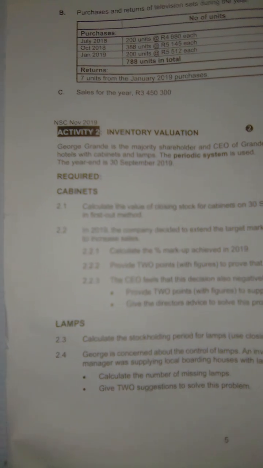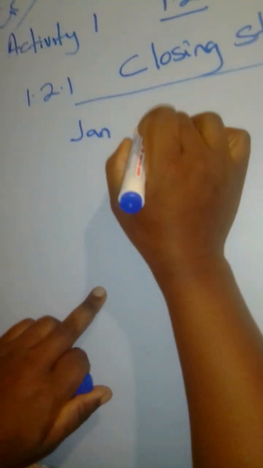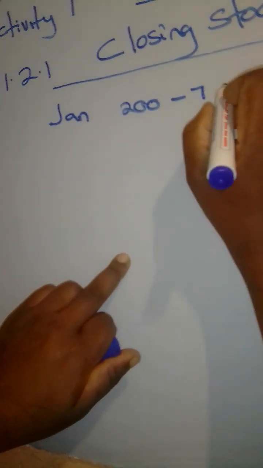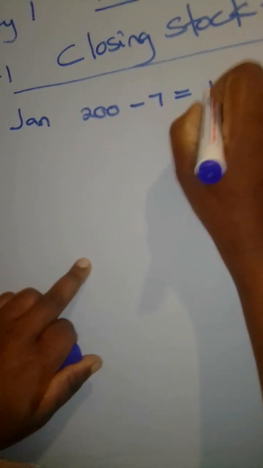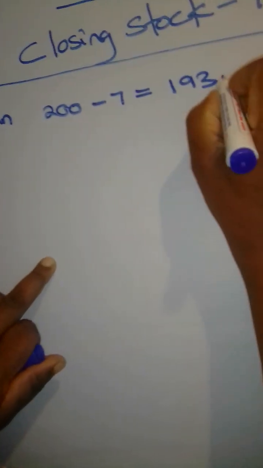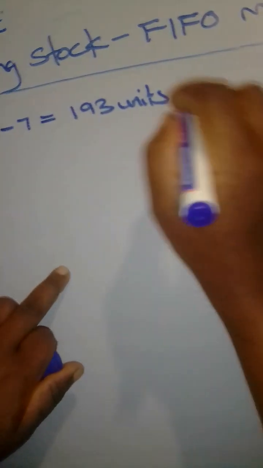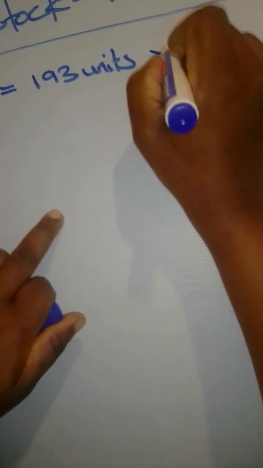Let me show you using the calculation. So I said we are going to go to January. We are going to say 200 units minus 7, which is going to give us 193 units.